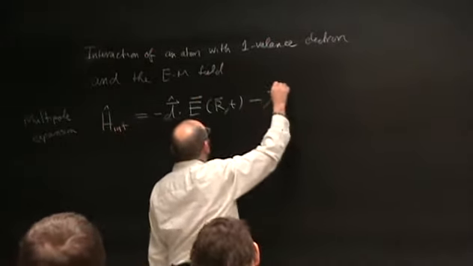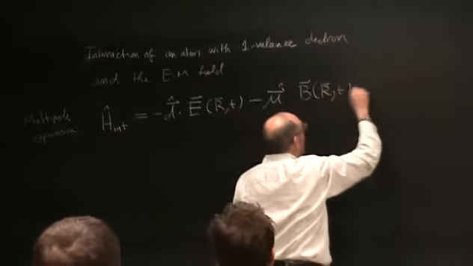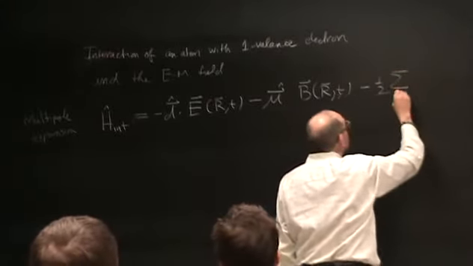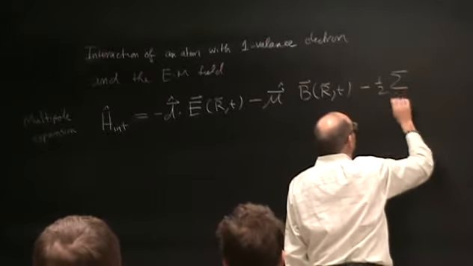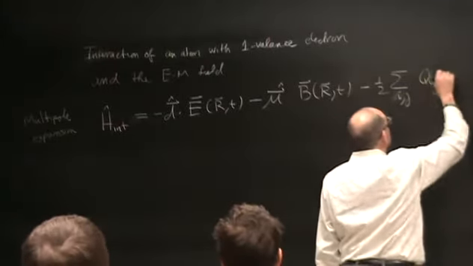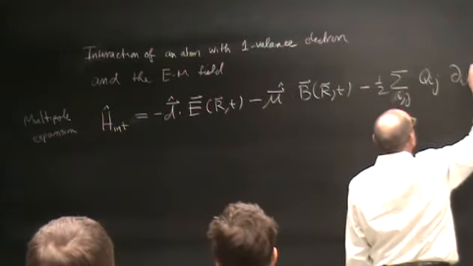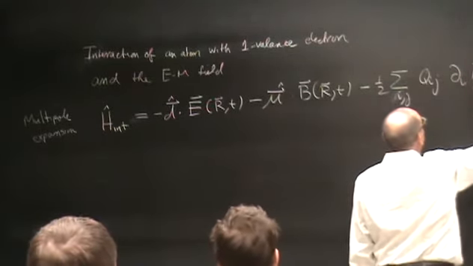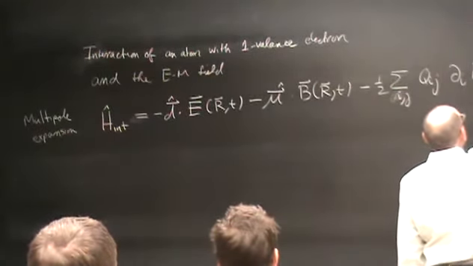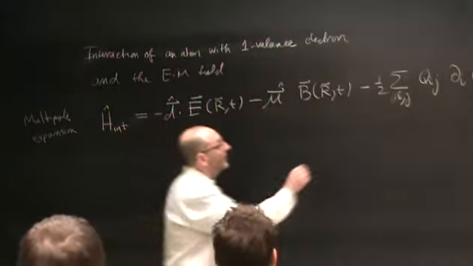And then we have the magnetic dipole dotted into the magnetic field, and we have, for example, the electric quadrupole. Okay, and this is an operator.